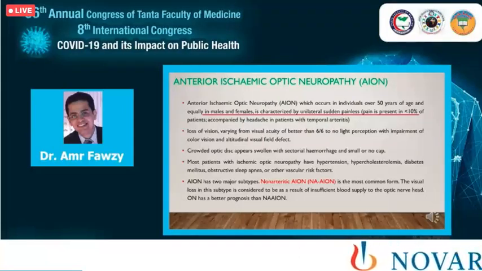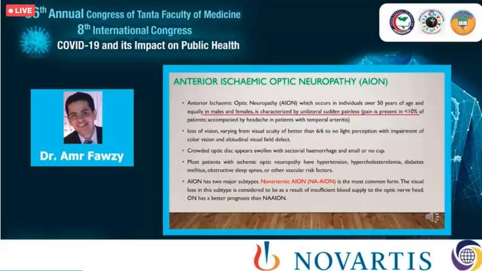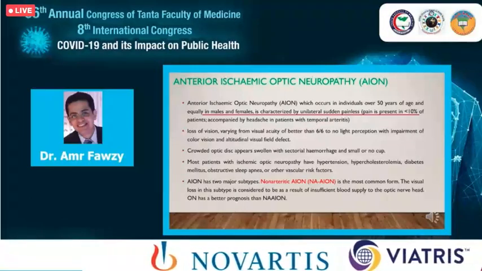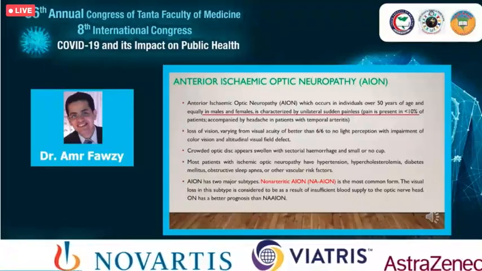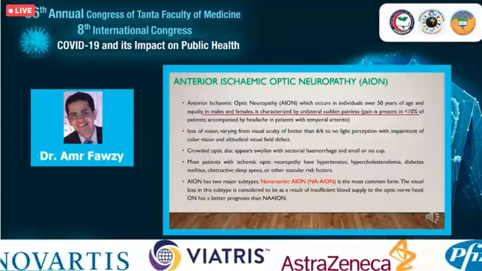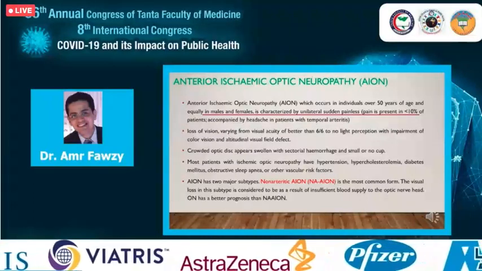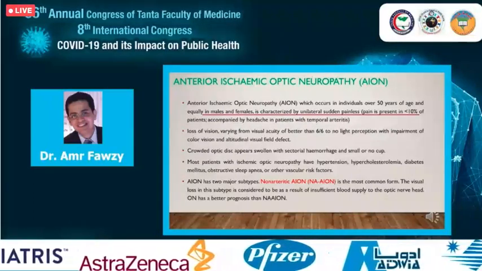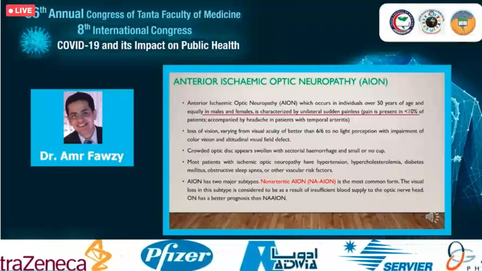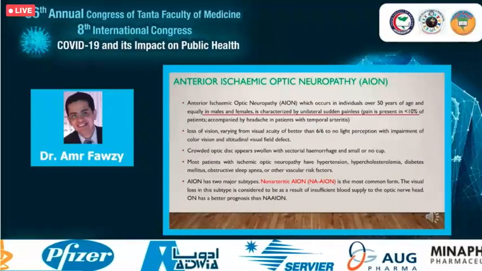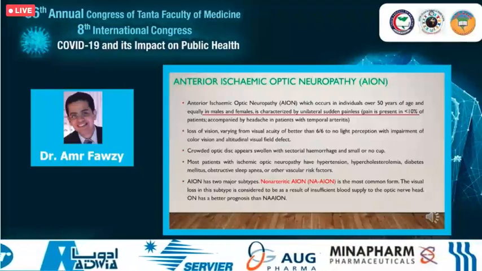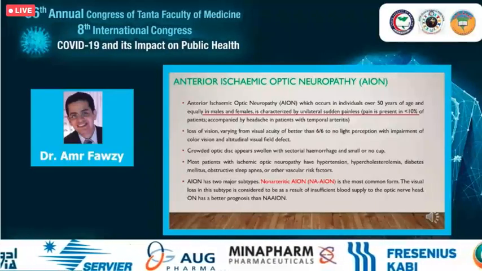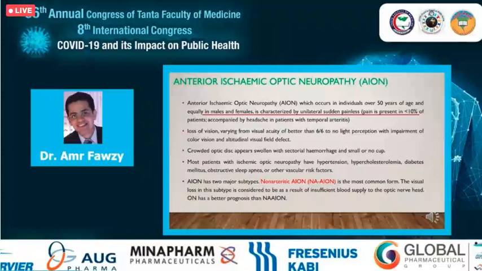The pain is present in less than 10% of patients, accompanied by headache in patients with temporal arteritis. The visual acuity varies from better than 6/6 to no perception of light, with impairment of color vision and altitudinal visual field defect.